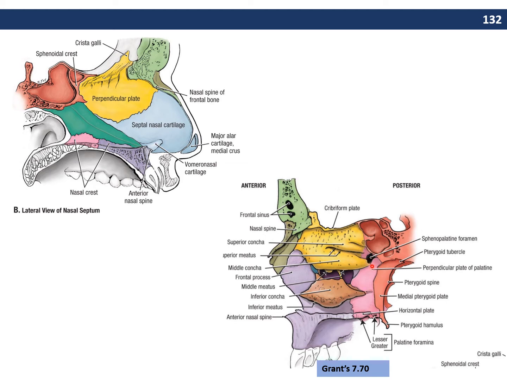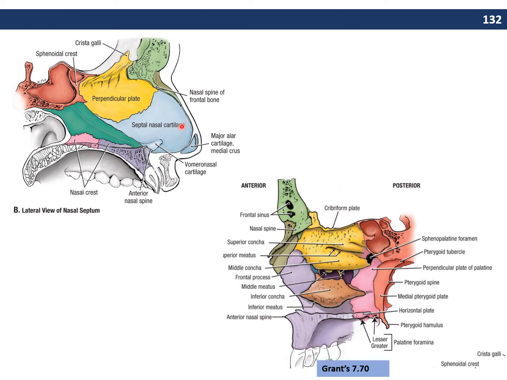The sphenopalatine foramen communicates with the infratemporal fossa. So the terminal branch of the maxillary artery exits the infratemporal fossa, entering the lateral nasal wall through this sphenopalatine foramen, where it changes its name to the sphenopalatine artery.